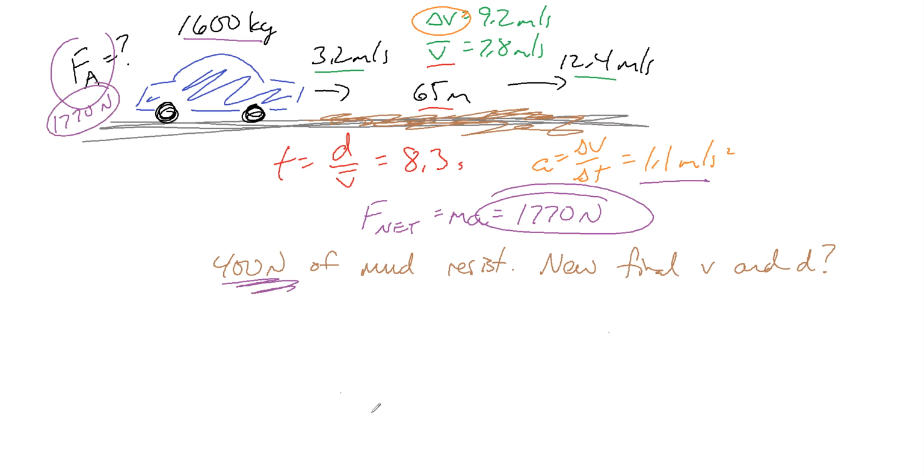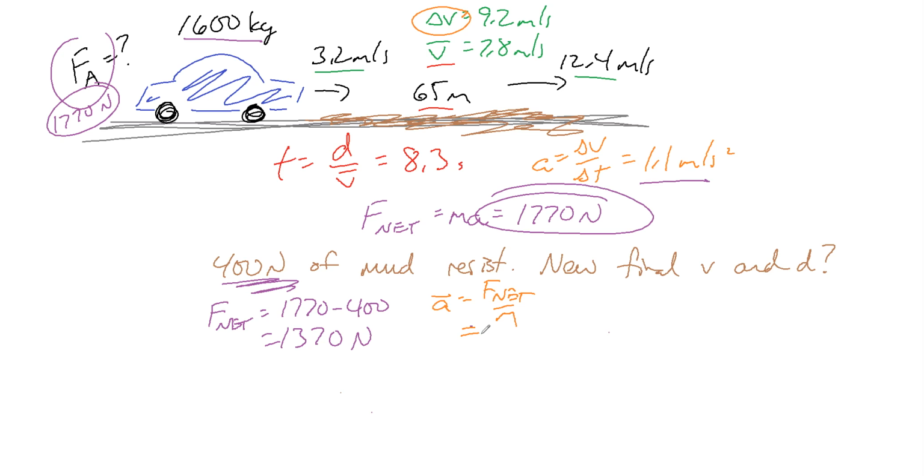My net force this time is going to be that 1770 that the engine is pushing with, minus the 400 newtons from the mud, which leaves me with only 1370 newtons of net force. That's going to change my acceleration. Now my acceleration is going to be that net force divided by mass. Before, my acceleration was 1.1; it's going to go down a little bit because I have less net force.